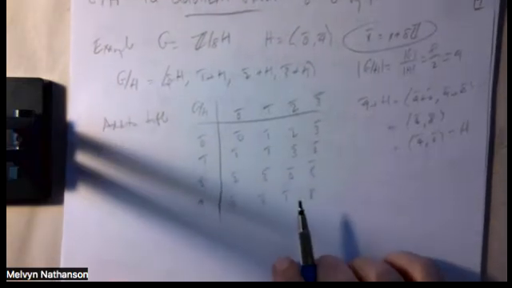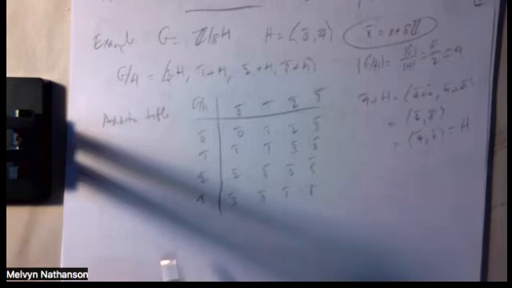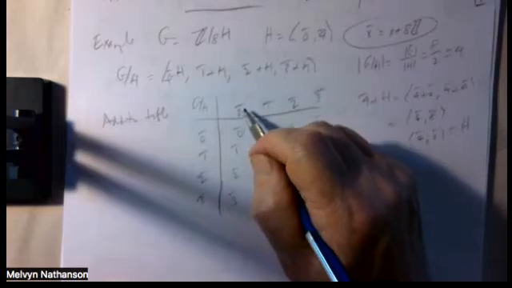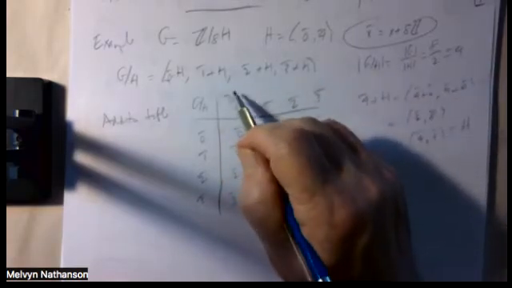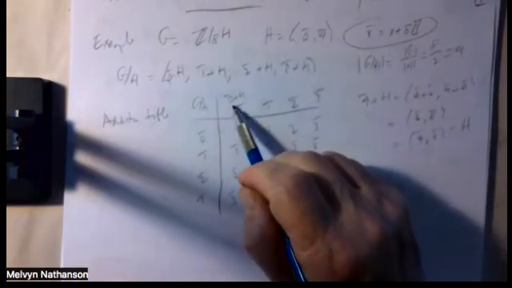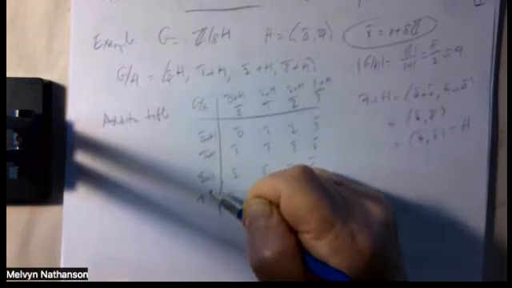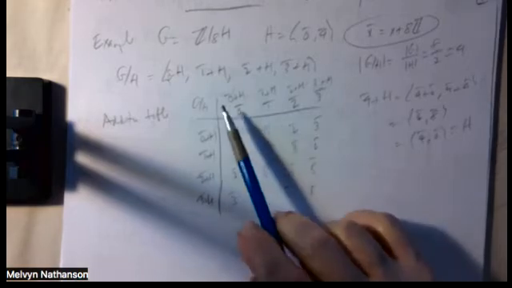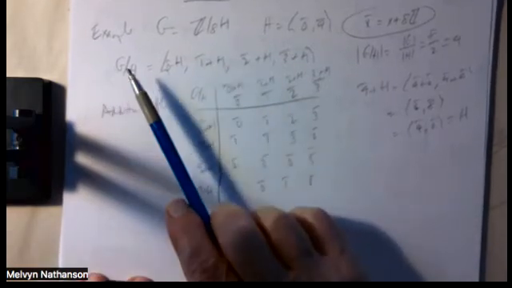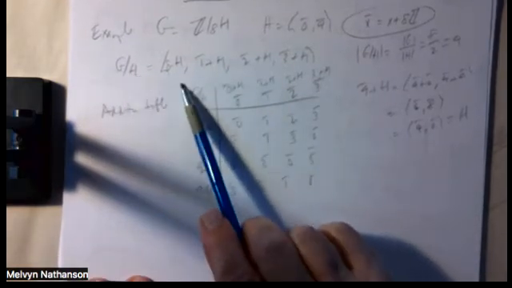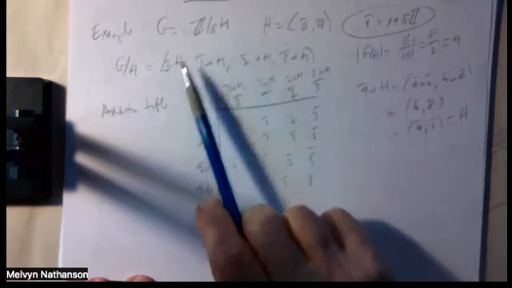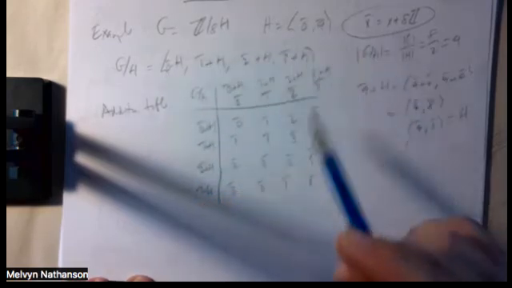I should actually be a little bit more careful here. So G mod H consists of these congruence classes. So this is really the coset 0 bar plus H, 1 plus H, 2 plus H, 3 plus H. So what I'm adding are cosets in the quotient G mod H. The cosets are, I have the subgroup H and I translate it by 0, 1, 2, or 3.